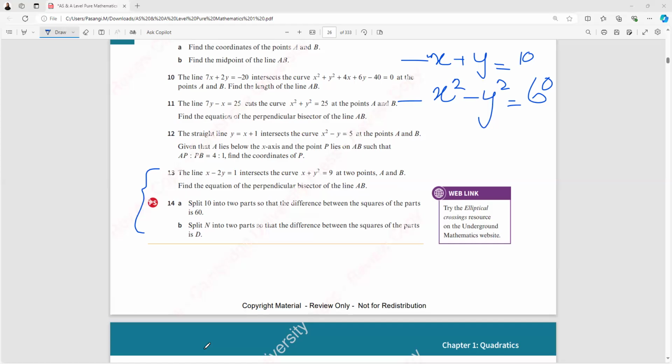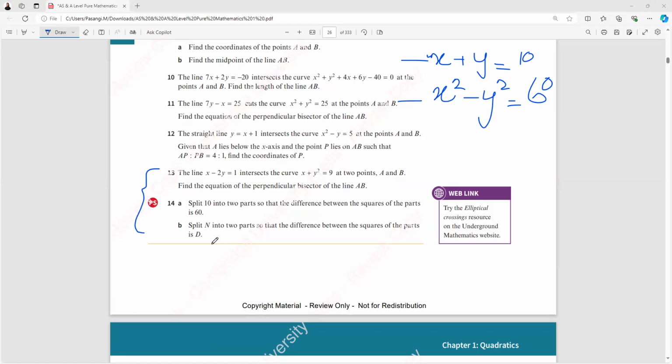Teacher, I did part A. Part B, I'm a bit confused since it's all variables.